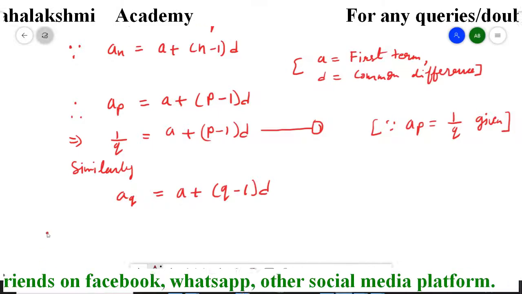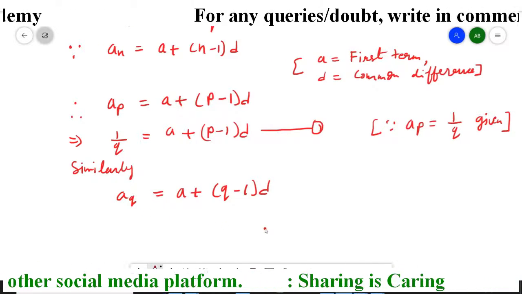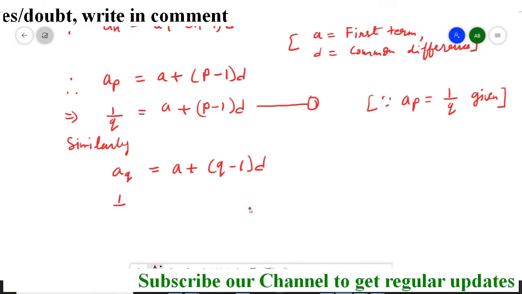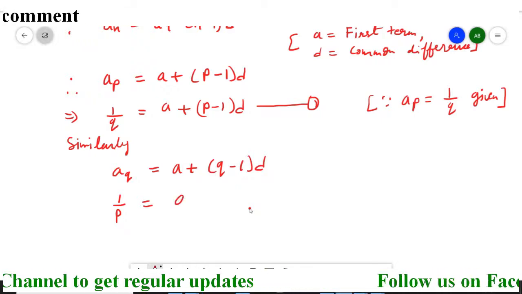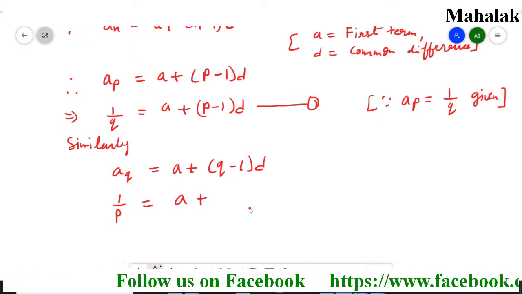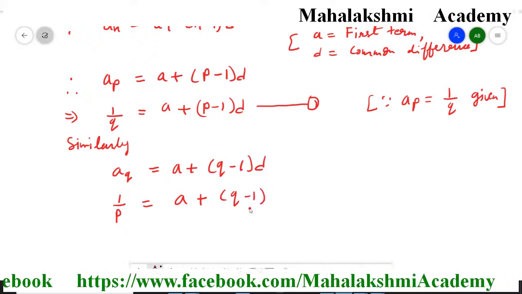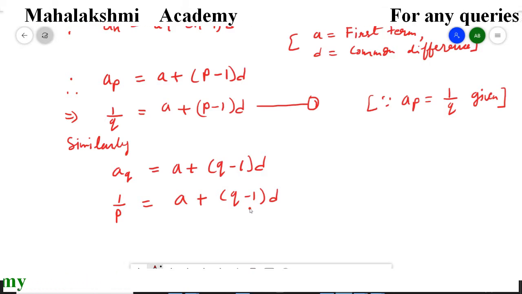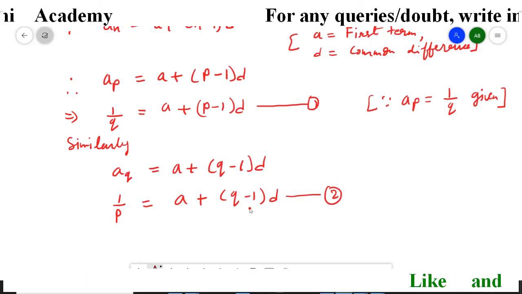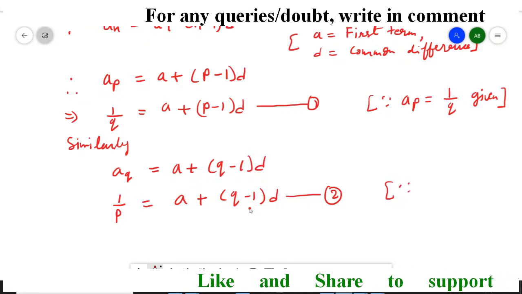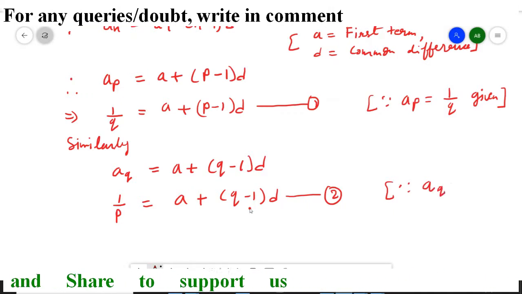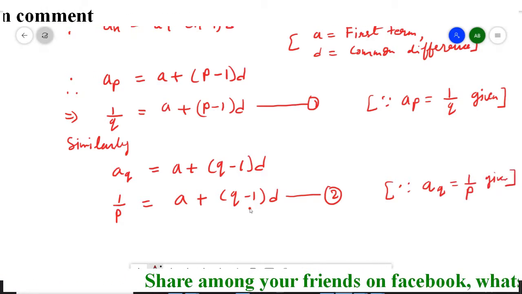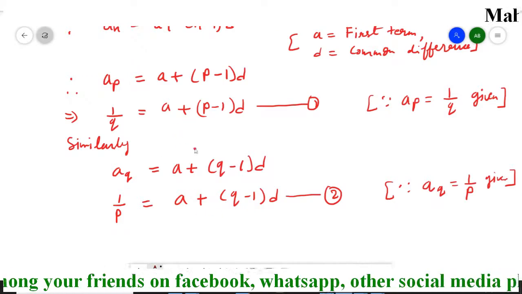So instead of aq we replace it by 1 upon p. So we write 1 upon p is equal to a plus q minus 1 d, and it's going to be our equation 2, since aq is 1 upon p, given to us.